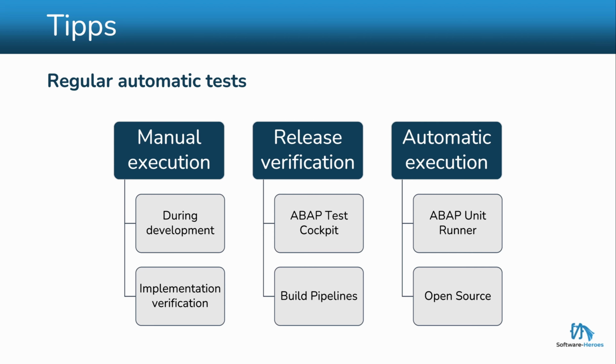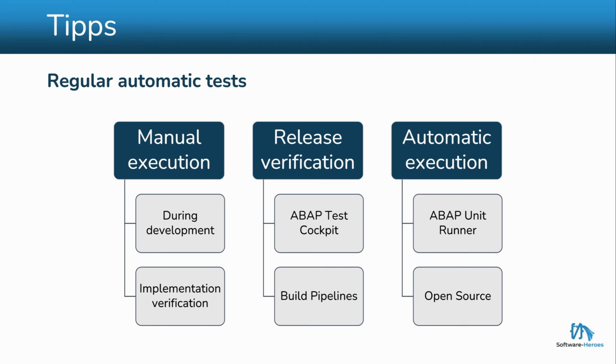The tests are quick to run and thus provide us with fast feedback, so we can continue working on them directly. The second pillar is to check when the transport is released. This means that the ABAP Test Cockpit can, for example, automatically execute and check all unit tests while we release the transport request. This is also available in the cloud as APIs.